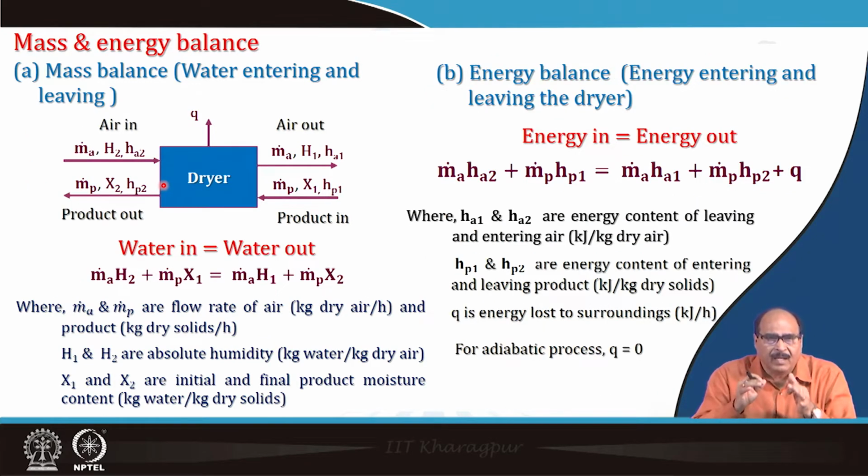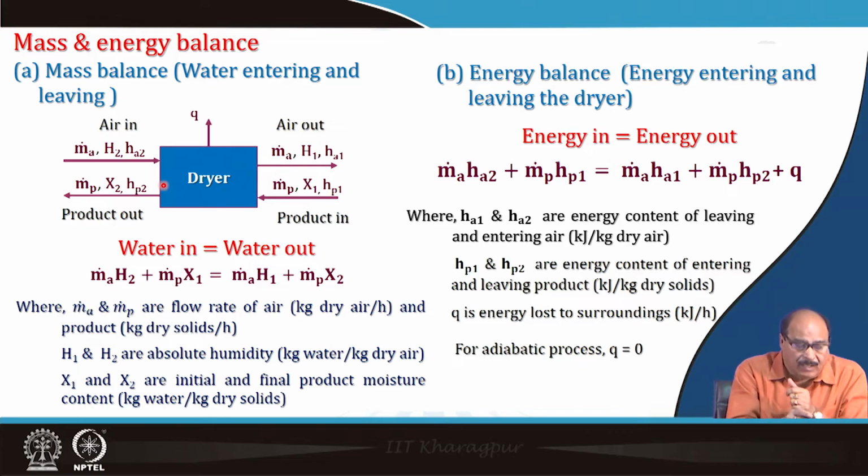Regarding mass and energy balance in the drying, the mass balance is taken as the water entering the dryer and the water leaving the dryer. That is, water in is equal to water out.